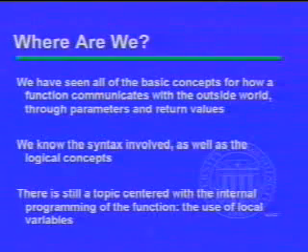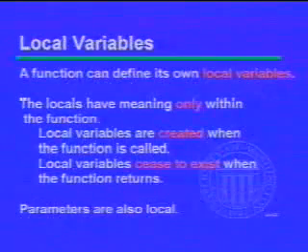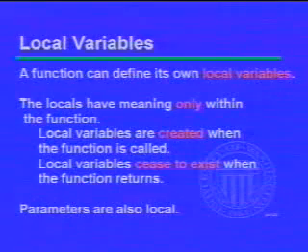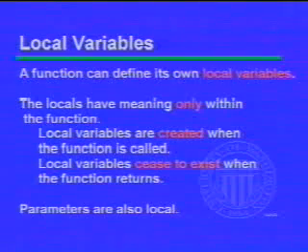There still is one technical concept that I'd like to show you before we go into our big trace. Alluded to it already, and that is the use of local variables. A function can define variables within itself. These locals or local variables have meaning only inside that one function. They're not usable in any other function in the program.